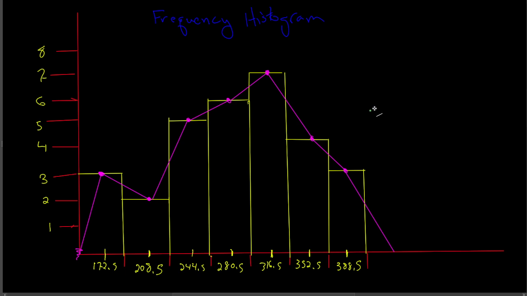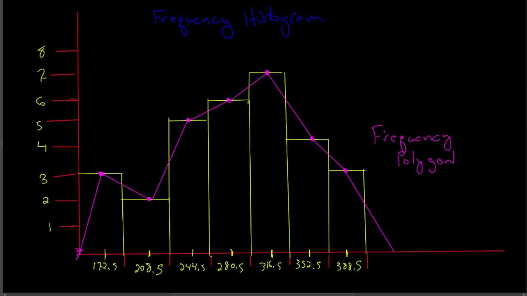So I'll write in purple, I guess, is the frequency polygon. I see frequency polygons more in business, and I see histograms more within the sciences. They give the same information, they give a shape. The frequency polygon tends to cut off the corners in histograms and hints at a smoother function.